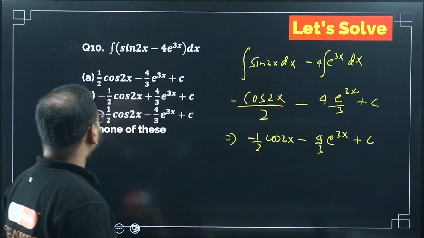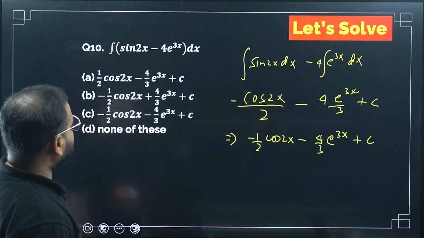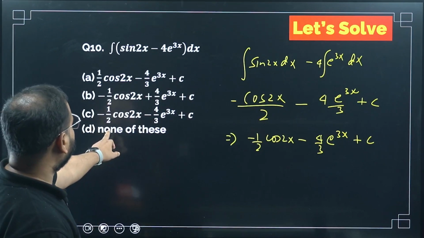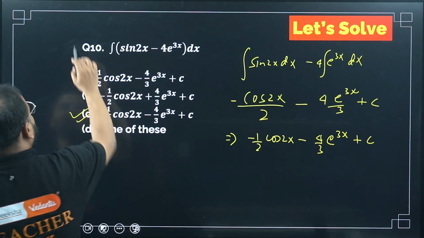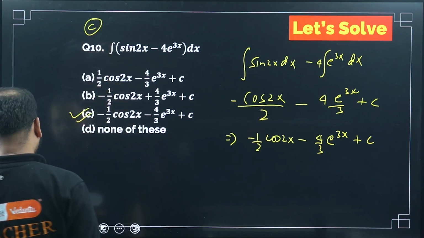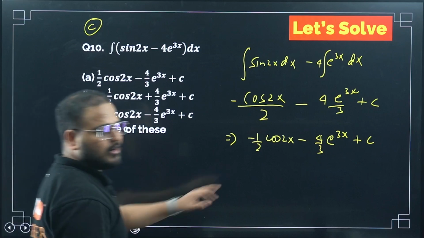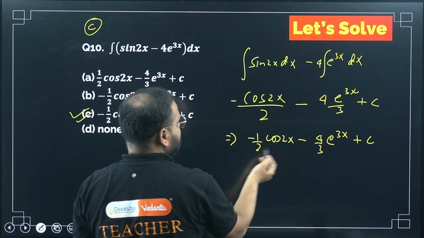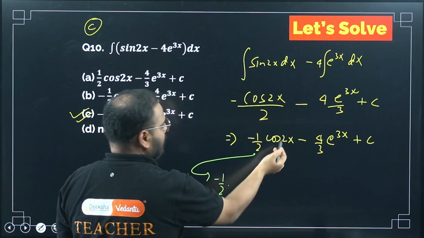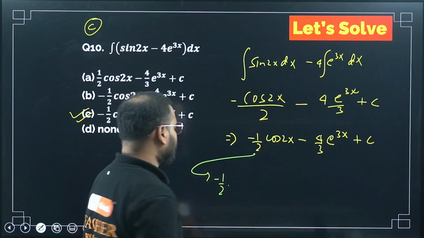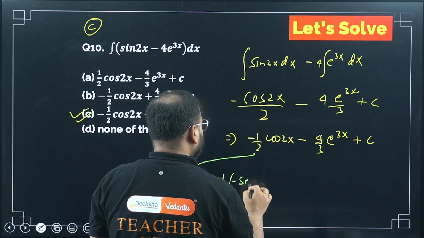Any option like this? Is it option number 3? Option number 3 or C. If you're not clear, I'll show you the differentiation. Differentiate this over here. Minus 1 by 2 will be as it is. Differentiation of cos 2x is minus sin 2x.